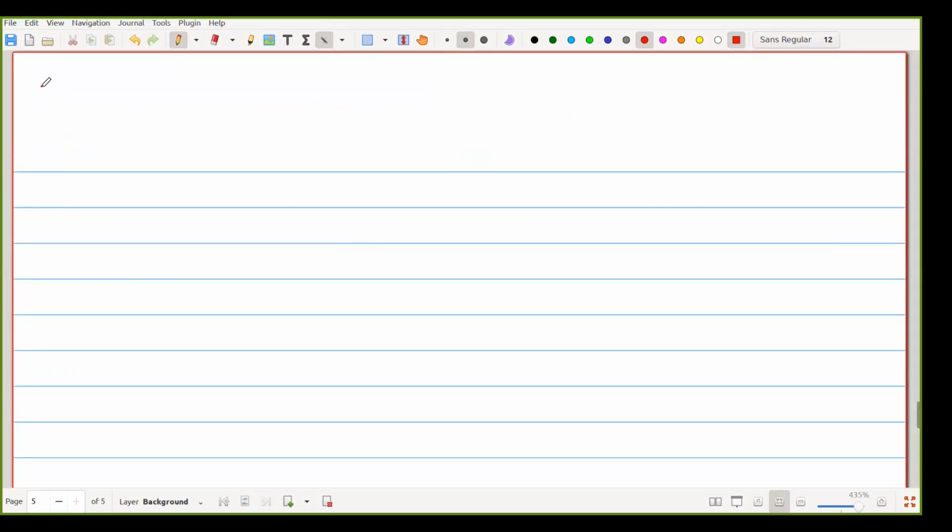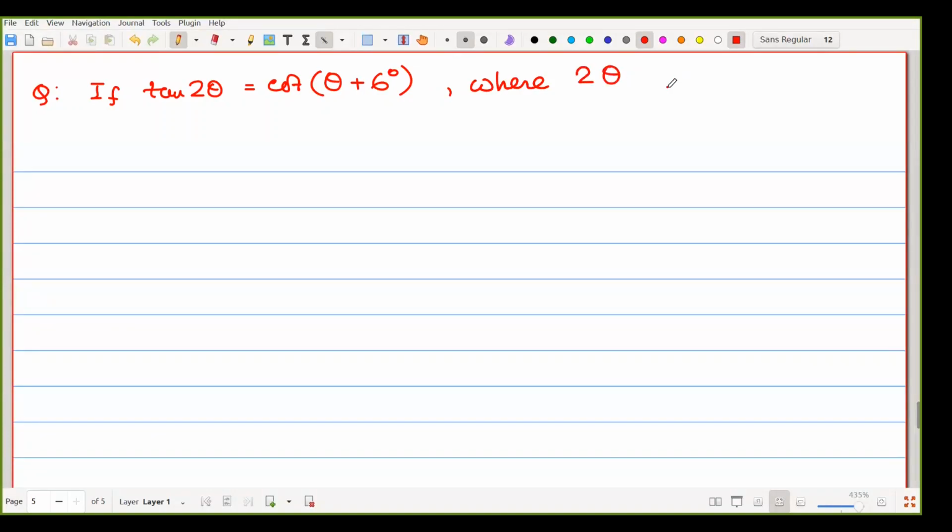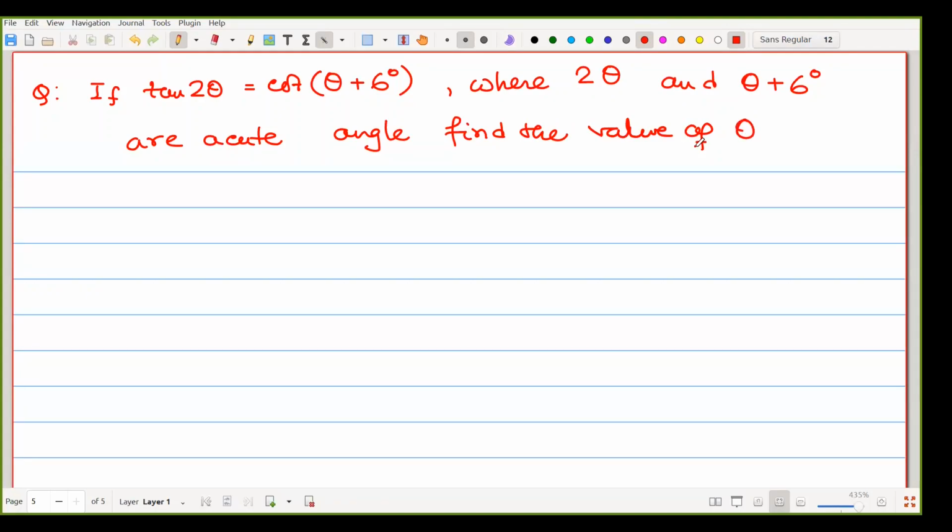Here the question is like that: if tan 2 theta is given as cot of theta plus 6 degree, where 2 theta and theta plus 6 degree are acute angles, find the value of theta.